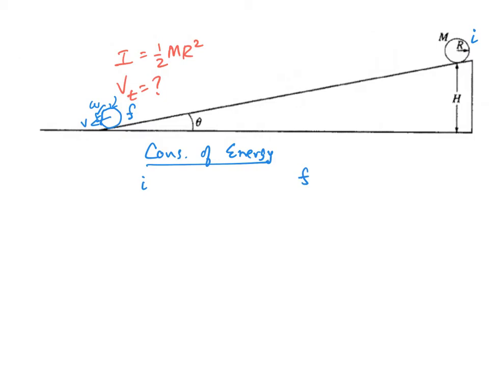Initially, the only kind of energy I have, since I'm above a zero point here, is gravitational. UG zero is going to be down here at the bottom. I'm h above that, so I for sure have some gravitational potential energy. So I have UG initial on the initial side, and on the final side I've got K rotational and K translational.